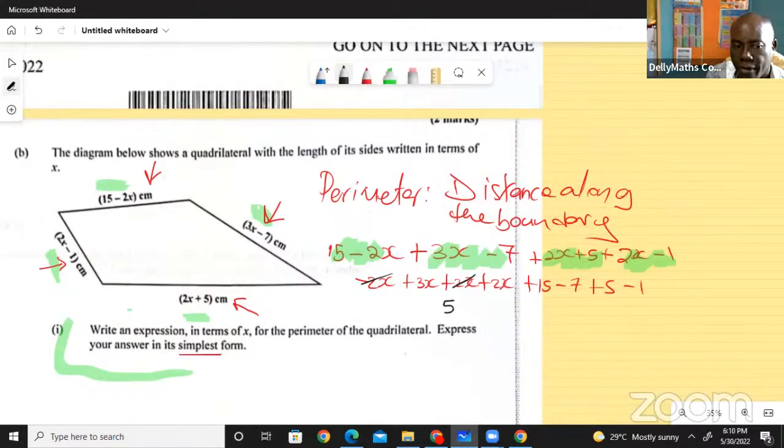So we are left with 5x for the x's. For the numbers, we'll have 20 minus 8, and that will give us 12. So this is the response for the perimeter: 5x plus 12 in its simplest form.